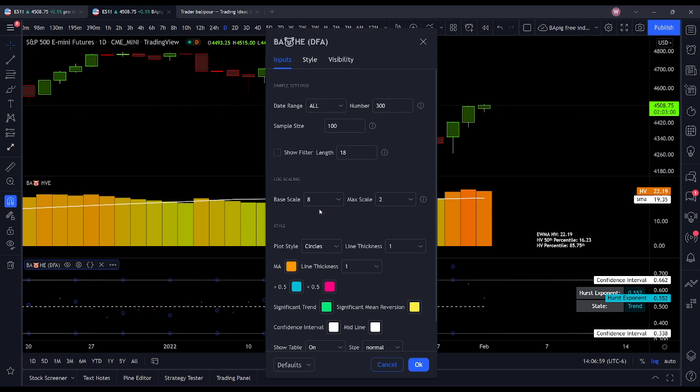So the Hurst exponent is a market state indicator telling you how the market is behaving from a statistical standpoint, in terms of autocorrelation or negative autocorrelation, and having that up on your chart will definitely help out along with the historical volatility estimator.